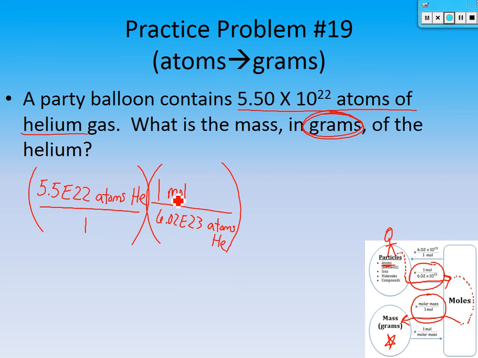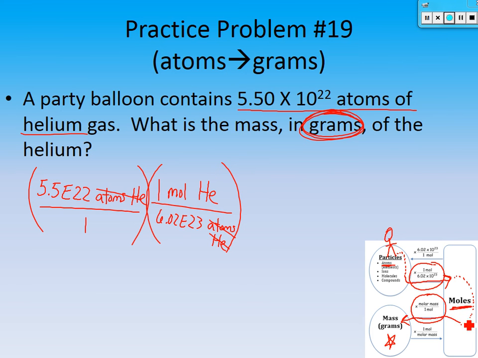My moles go on top, but it's 1 mole of what substance? Of helium. So now my atoms of helium cancel out. What I did with that conversion factor was convert from atoms to moles. Can I stop there? No. Let's keep going because it wanted us to go to grams.